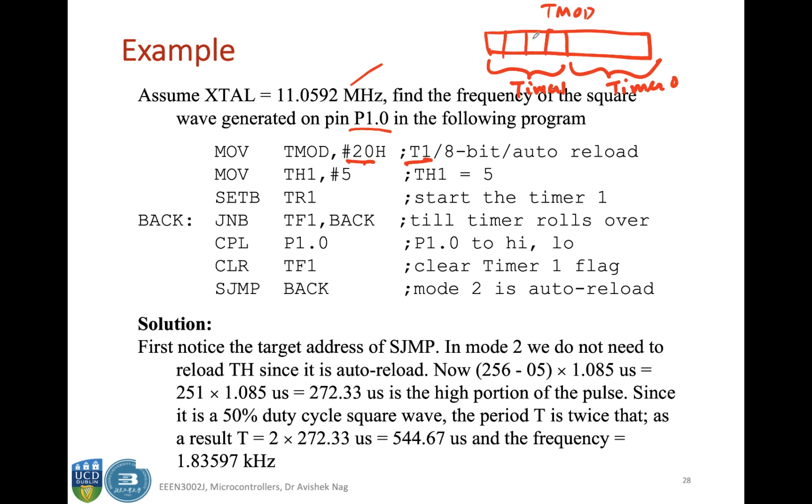Out of these 4 bits, this is your M1 and this is your M0. To load mode 2, this combination has to be this, and everything else is 0.